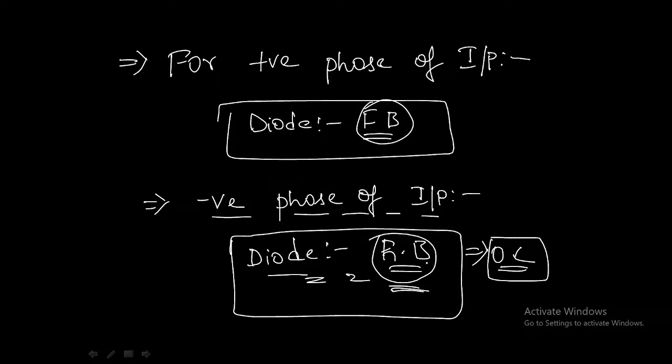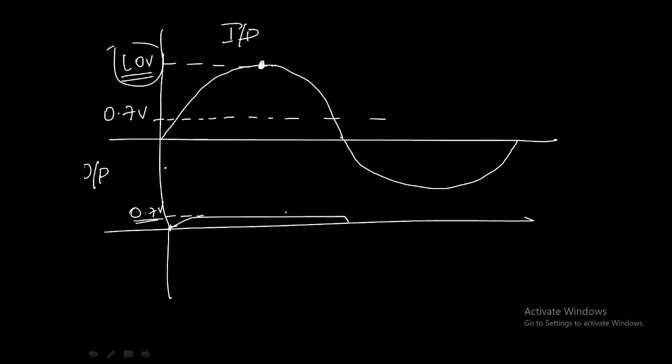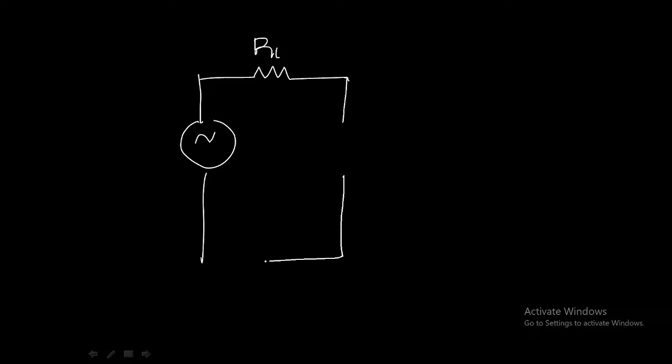Then what happens if it is an open circuit? I will redraw the diagram again so that it will be easy to analyze. This is our voltage source and this is our R1, and here the diode will be in open circuit condition because it is reverse biased. Here we will get RL.